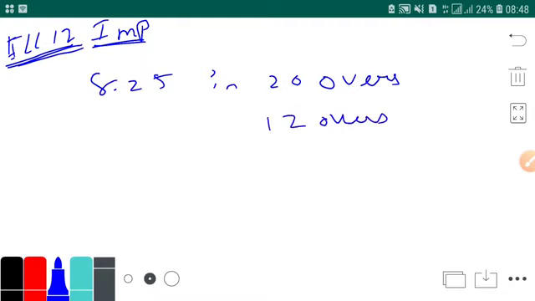The run rate at the end of 12 overs is 7.25. What should be the least run rate to be maintained in the remaining overs?